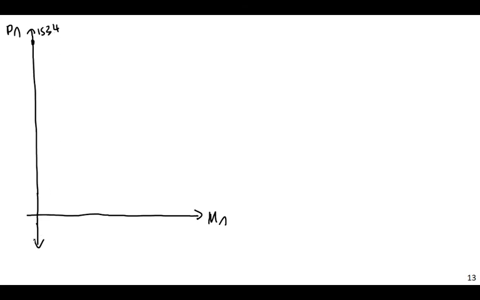Point 2 is going to be down here at negative 480. This is in kips, and this is Mn in kip feet.